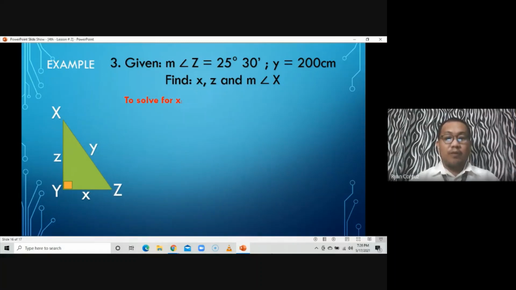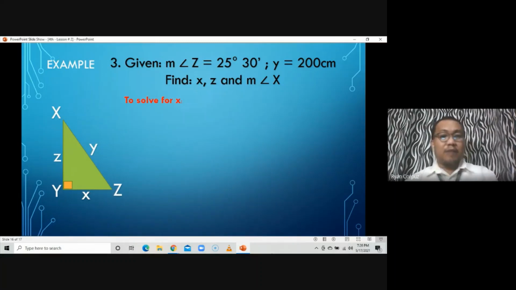So, what trigonometric ratio is that? That means we are pertaining to cosine. Adjacent over hypotenuse. So, in order for us to solve for x, we're going to make use of the cosine trigonometric ratio. Since given yung measure ng angle, when we write the trigonometric function, we attach right away the measure of the angle.